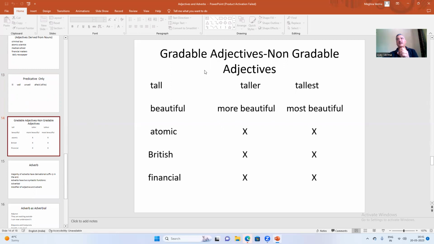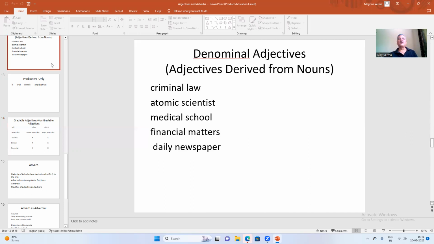They are characterized by gradability. They can be inflected. Tall, taller, tallest, beautiful, more beautiful, most beautiful. But many adjectives are not gradable adjectives. They are non-gradable. That means they cannot have comparative and superlative forms, particularly those which are not qualitative adjectives and are classifying adjectives. We just looked at the list of classifying adjectives in this slide. So these adjectives are not gradable.